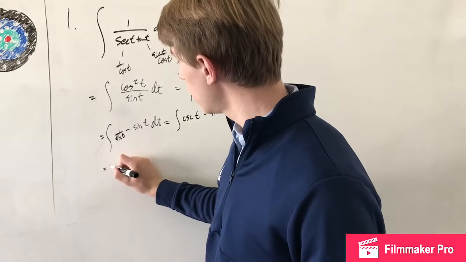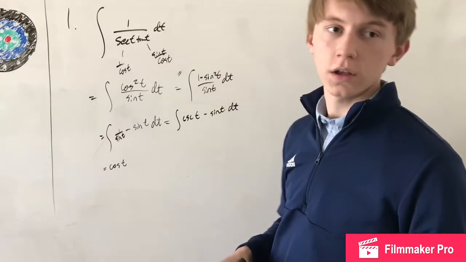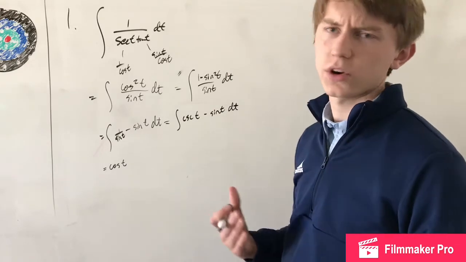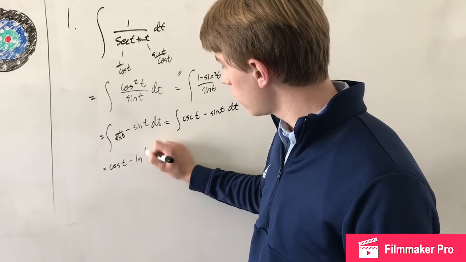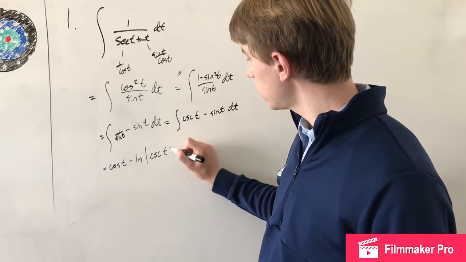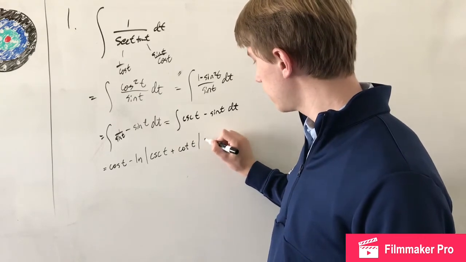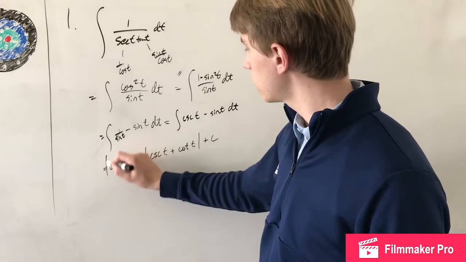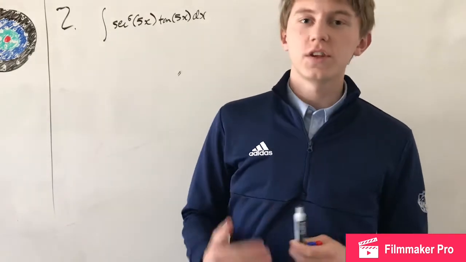So we end up with cosine t, and then the integral of cosecant is something you should know off the top of your head. It's one of the weird natural log ones. It is negative natural log of the absolute value of cosecant t plus cotangent t. Then you add in your plus c, and that's the answer.